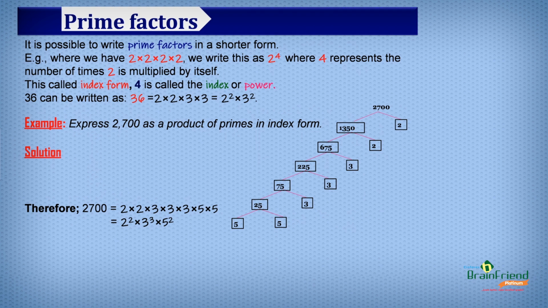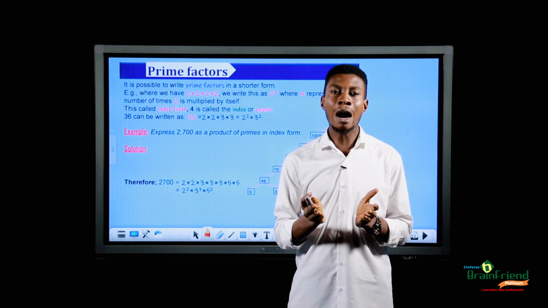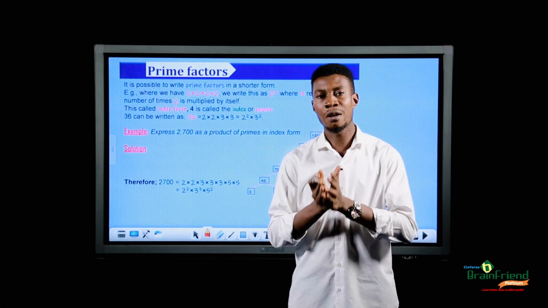Now, having learned how to carry out prime factorization, it is also important to note that there is a shorter way of expressing our prime factors. This is usually called the index form or the power form of expressing prime factors.